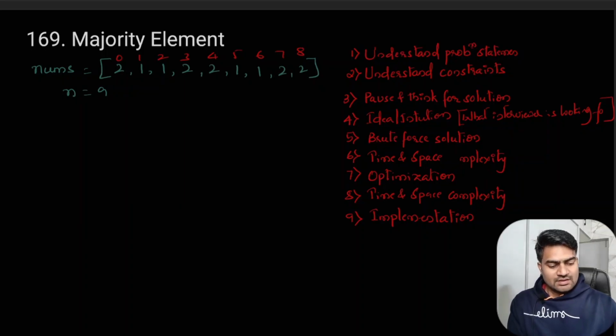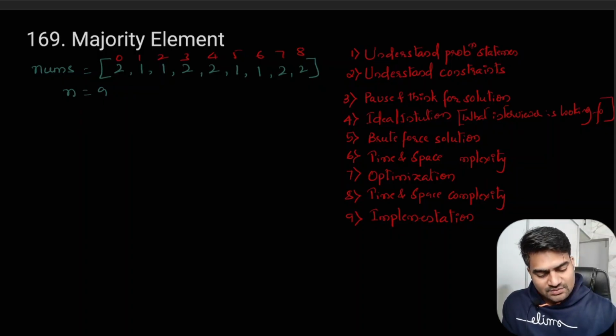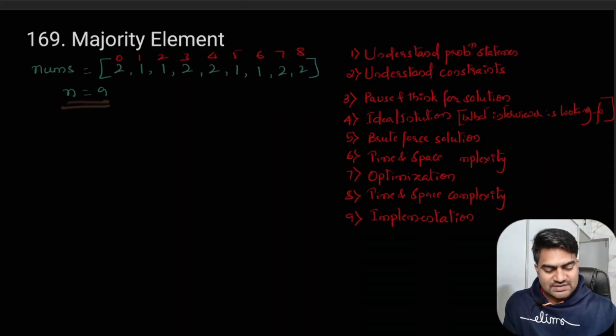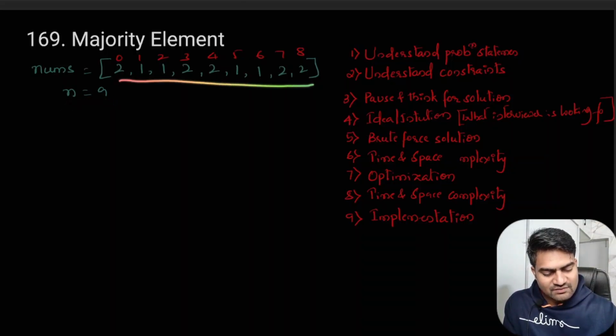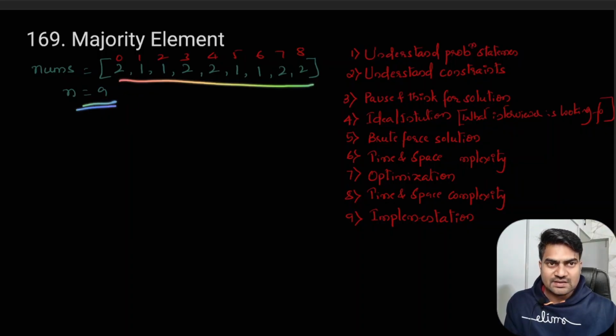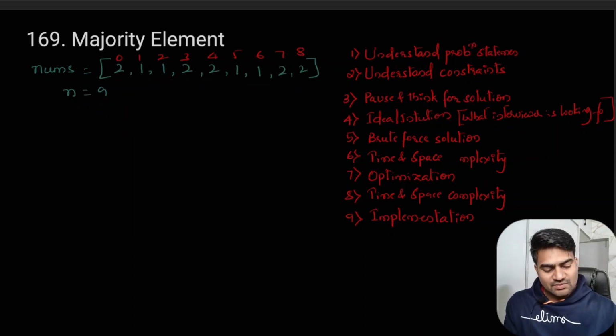Let us try to understand the problem in detail. We have, say, n equal to 9 numbers. So this is the given array. Out of 9 numbers, there is one number in this particular array which appears more than n by 2.